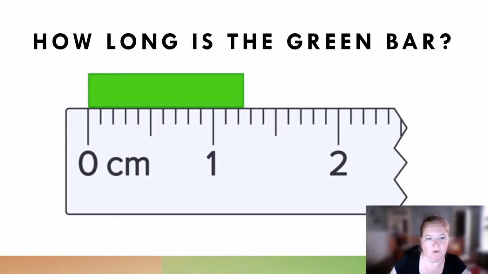This one, well, I know it's 1, 1.1, 1.2. I know it's 1.2 for sure, and now I make a guess. I think it's a little bit less than halfway, so I'll say 1.24. The 4 is the guess.